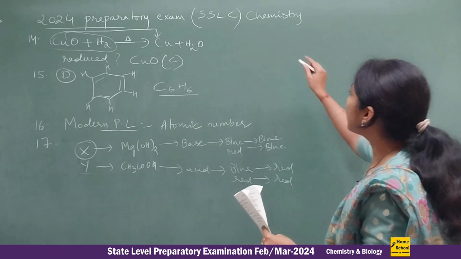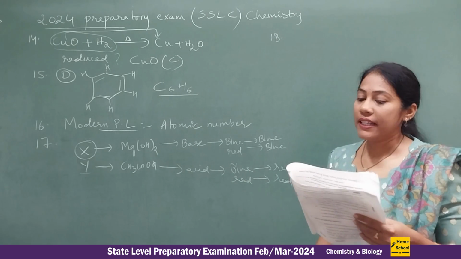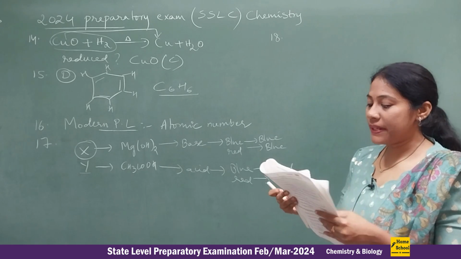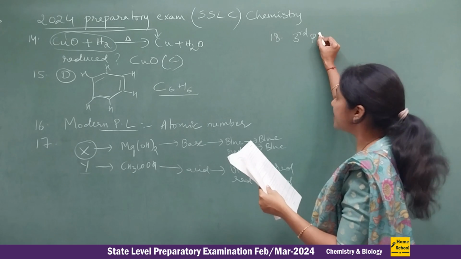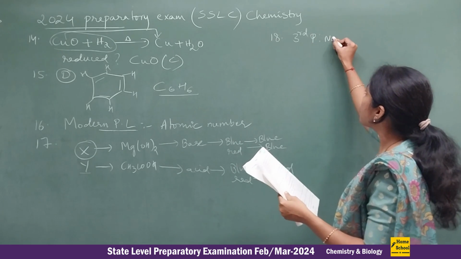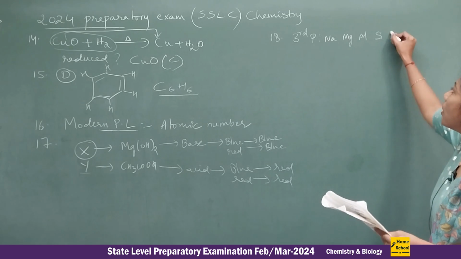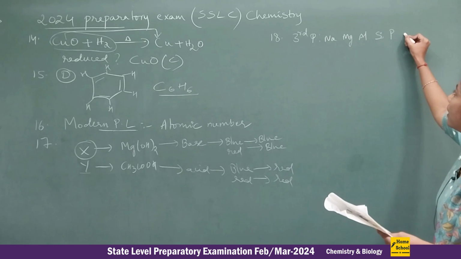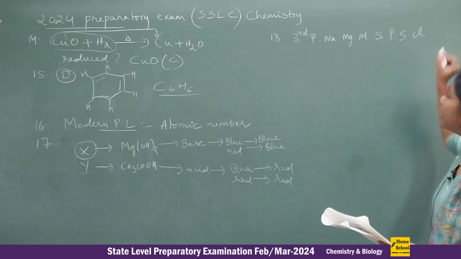Now coming back to the 18th question. This is also a very simple question. They have listed the third period elements: sodium, magnesium, aluminium, silicon, phosphorus, sulfur and chlorine.